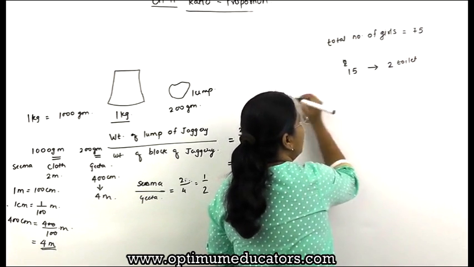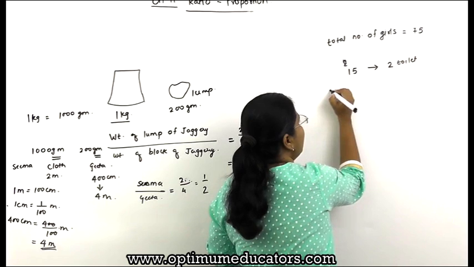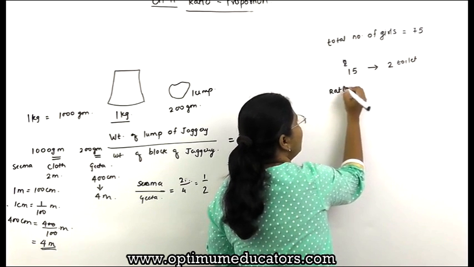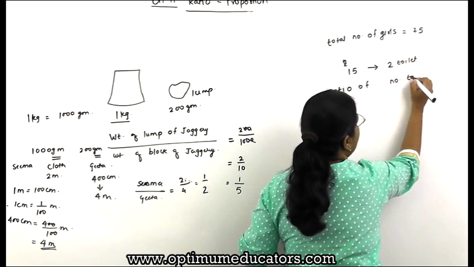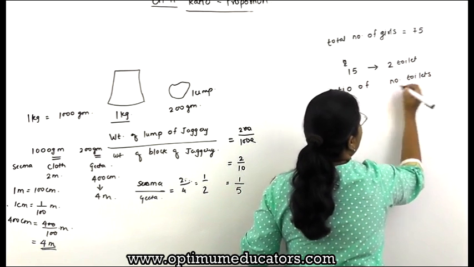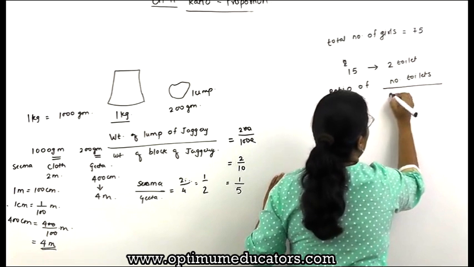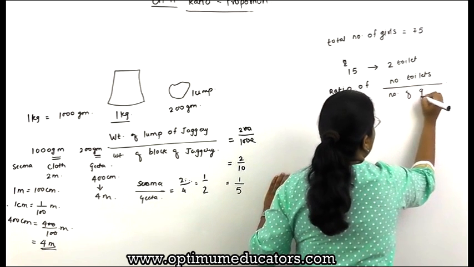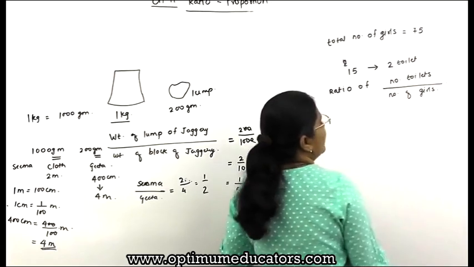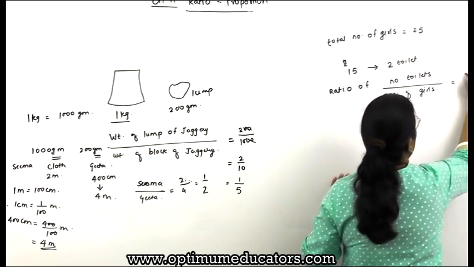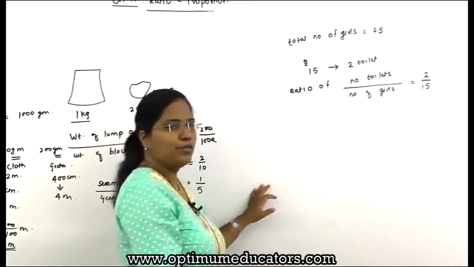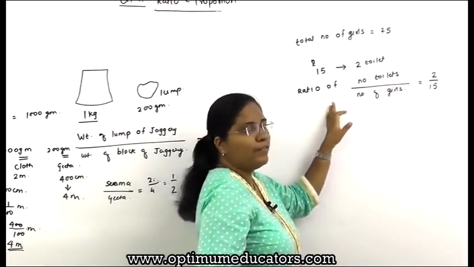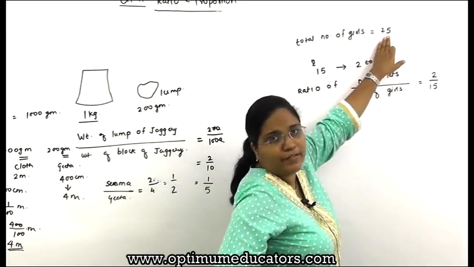Now first of all, let us find the ratio of number of toilets to number of girls. Number of toilets to number of girls is 2 is to 15. Now what do I have? Suppose I am having 75 girls now.